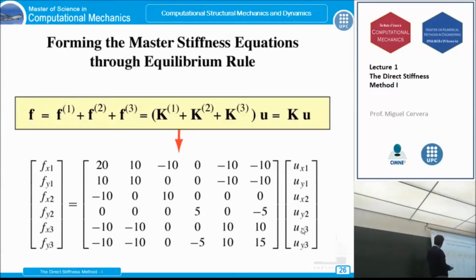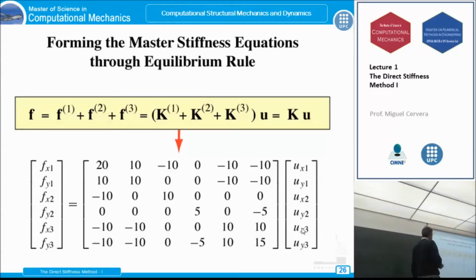You see, the total force on the whole of the structure is the addition of all the forces in the three members. And the forces in the three members are the stiffness matrix of the three members times the U, which is only U, and that's Ku. So you actually have to do this, adding the three stiffness matrices. And there you are. Okay? And there you are.